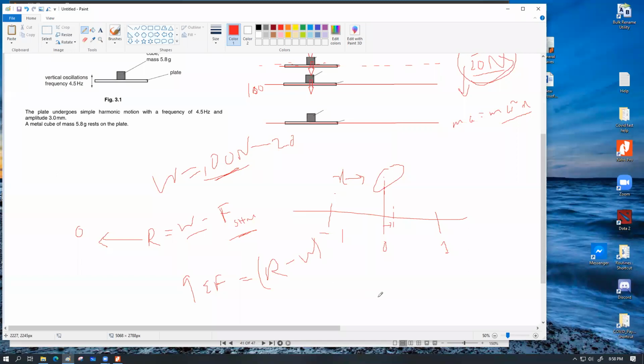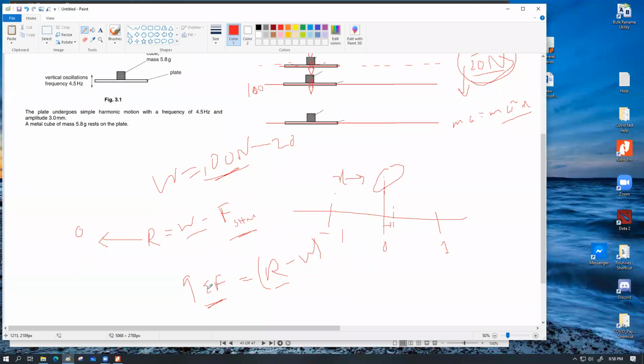If you wonder why reaction force minus weight, it's because when the object goes downwards, the upward force should be the bigger one, because the resultant force has to always be upwards. The upward force on the cube is only available from the reaction force of the plate. So this is supposed to be the bigger force, and the weight is supposed to be the smaller force.